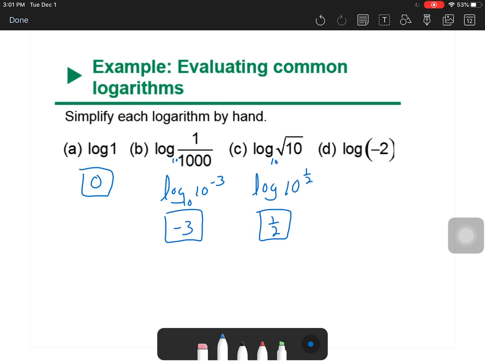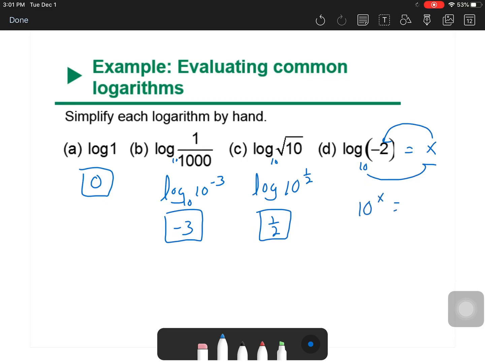Now, remember we said that the domain for any log function is positive numbers. The answer to this is no solution, or does not exist, because what you're asking yourself is, 10 to what power equals negative 2? 10 to some power has to equal this, and that power is the answer.